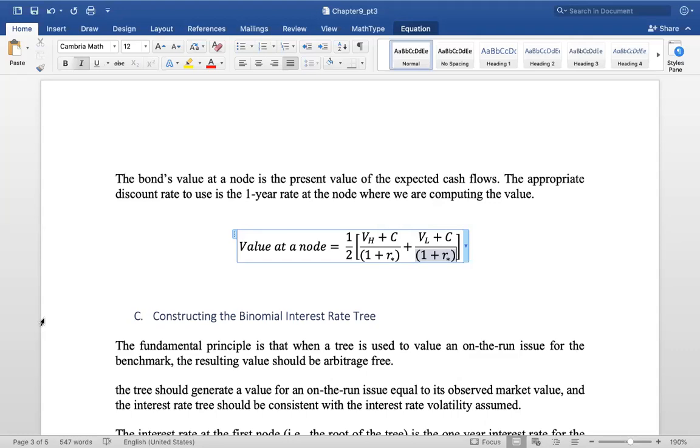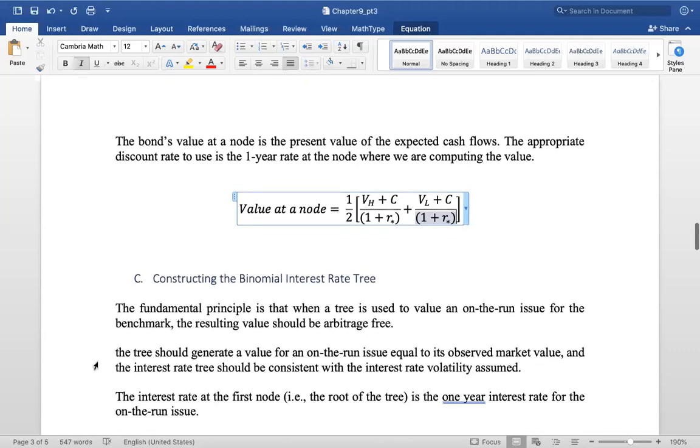What we mean is that the tree should generate a value of the on-the-run issue equal to its observed market value. So if the tree is generating the observed market value, then we can say that it's an arbitrage-free value, and we can then use those interest rates from the tree to value our bond with embedded option.